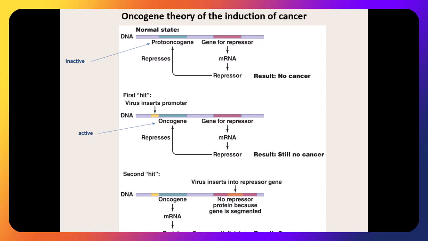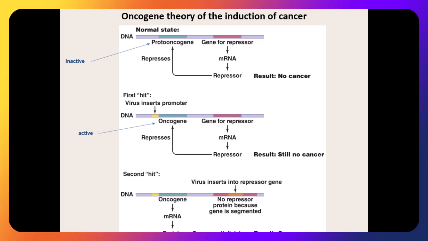But if you get more viral DNA, say from a different virus or even from the same virus, that incorporates itself right smack dab in the middle of the repressor gene. If you interrupt a gene, can it do what it's supposed to do? No. Which means this repressor gene can't stop cells from dividing. This is now when you end up with cancer.